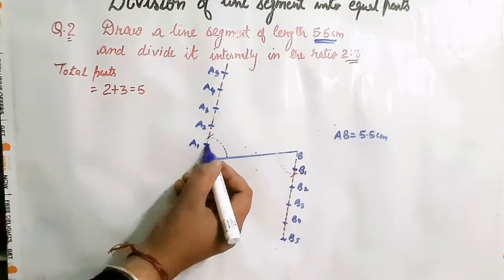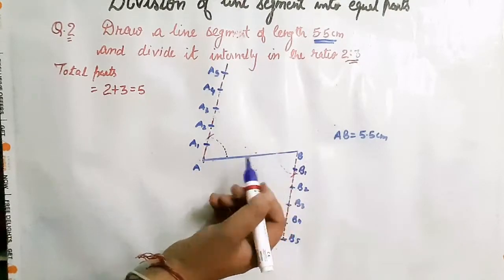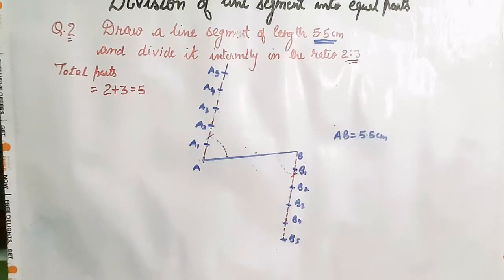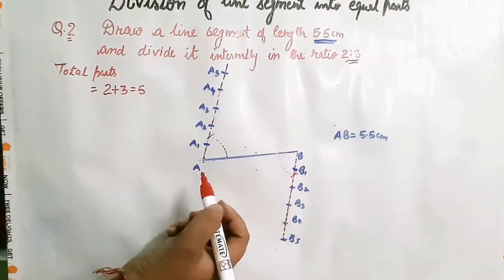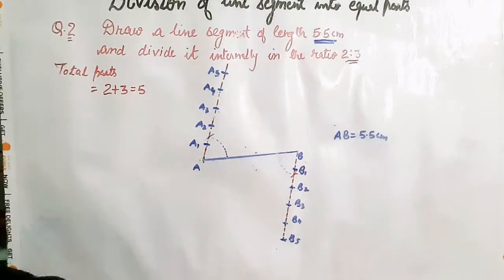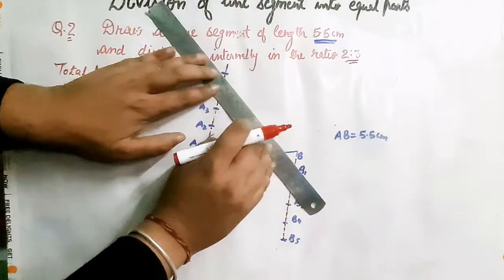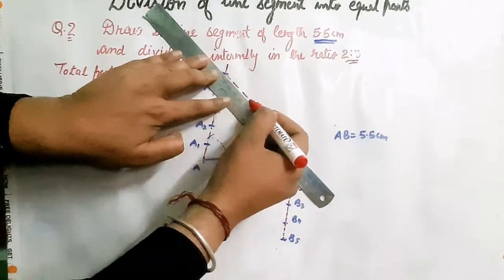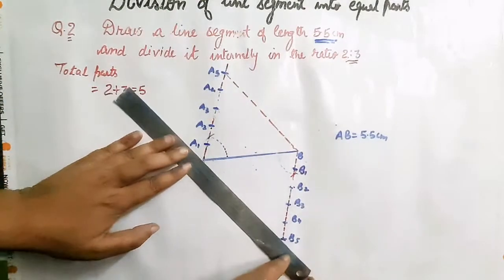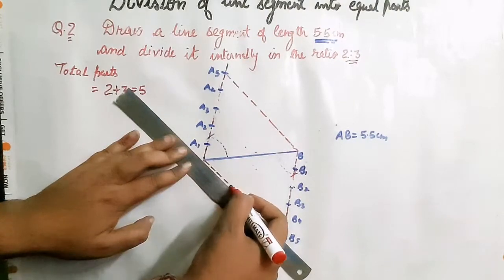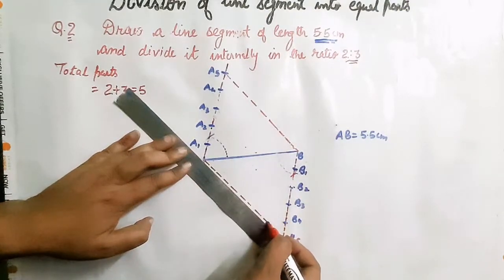Remember, the length of each unit must be the same on both arms. Then first of all, join A5 with B and A with B5. Remember, the resulting figure will be a parallelogram.